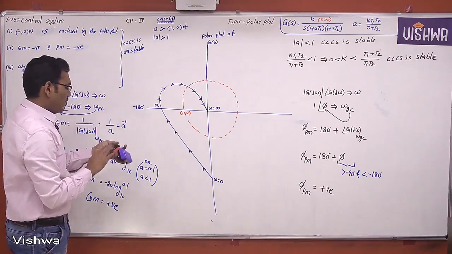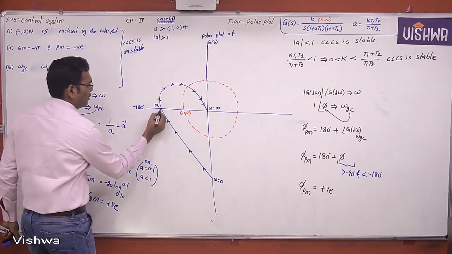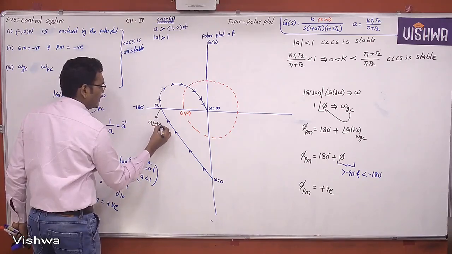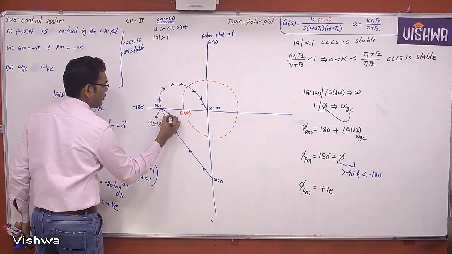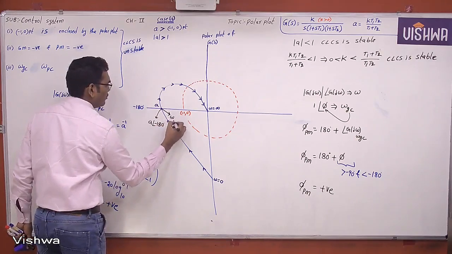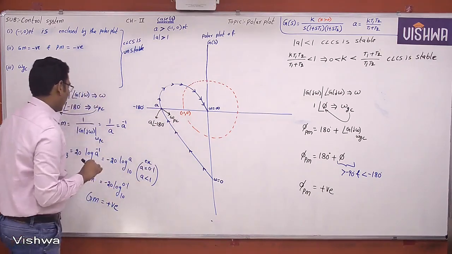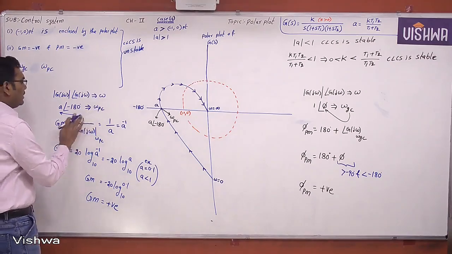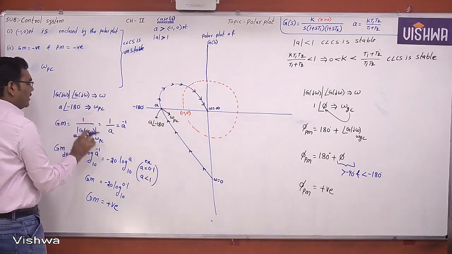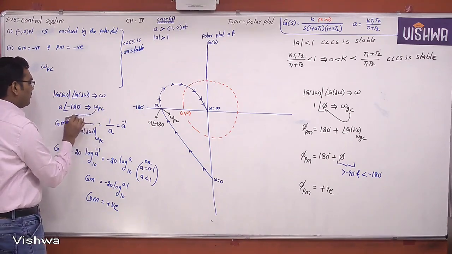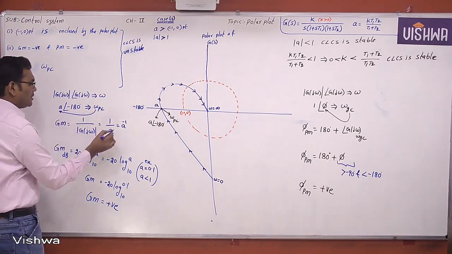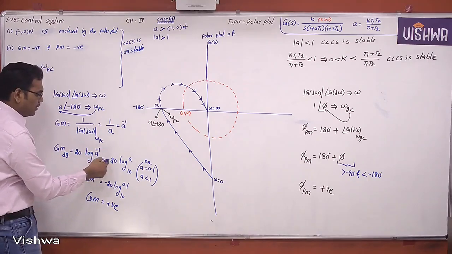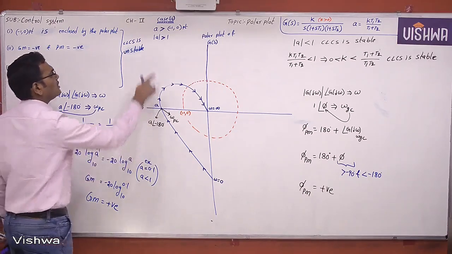So I want to touch here. The magnitude is A, phase angle is minus 180 degrees. Now at phase crossover frequency, because the phase angle is minus 180 degrees, what is the magnitude? At phase crossover frequency, the magnitude is A, and the gain margin is 20 log A power minus 1, that is minus 20 log A. But what is this example?